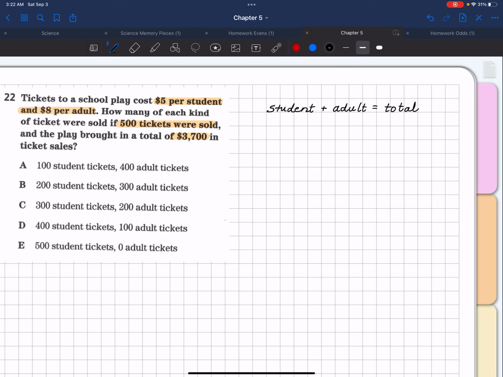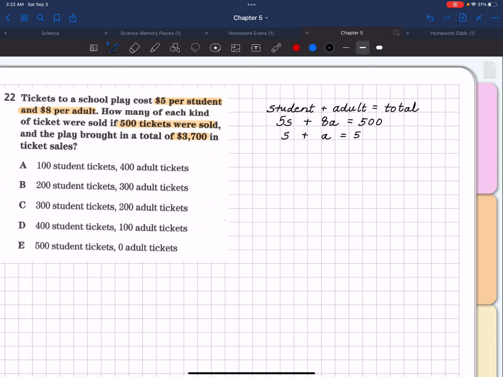The students were $5 each. The adults were $8 each. And we know that they sold $3,700 in tickets. So if you're talking about money, that's your equation. If you're talking about just plain old tickets, you would just take the students and the adults.